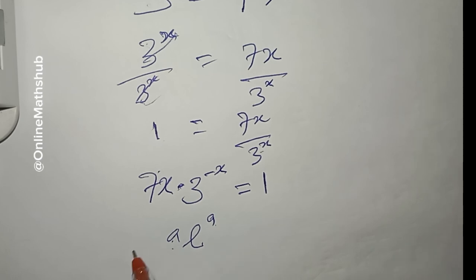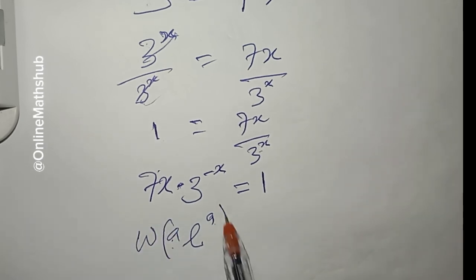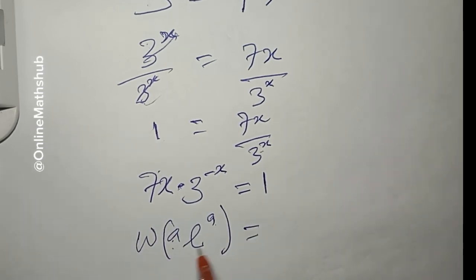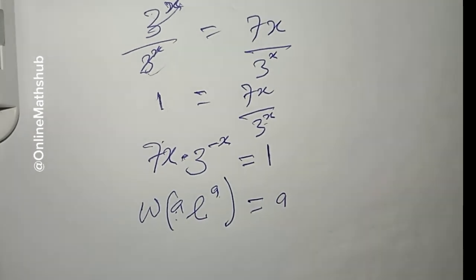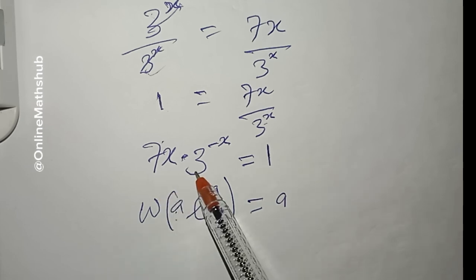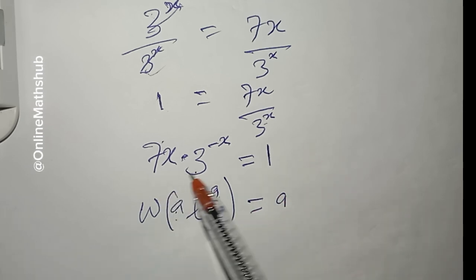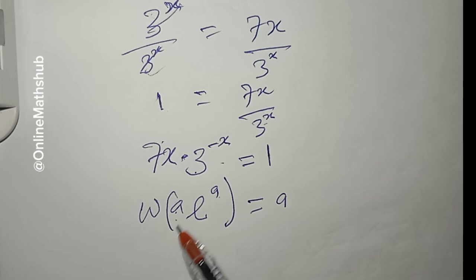Then when we apply the Lambert W function, this whole function is going to collapse to a. So the simplification I am going to make on this left hand side is to get the functions right here in the form of a exponential a.